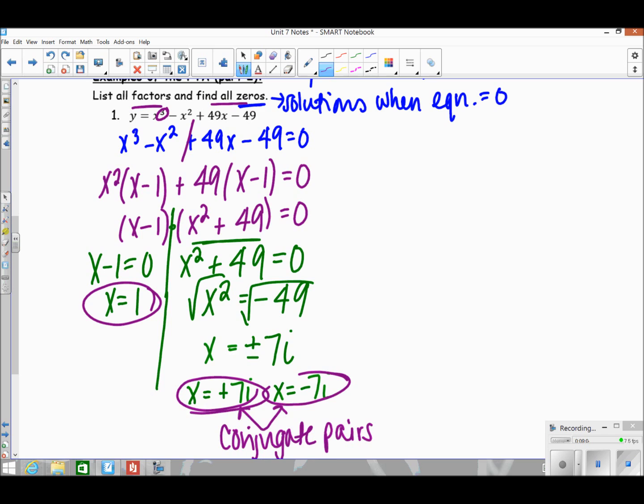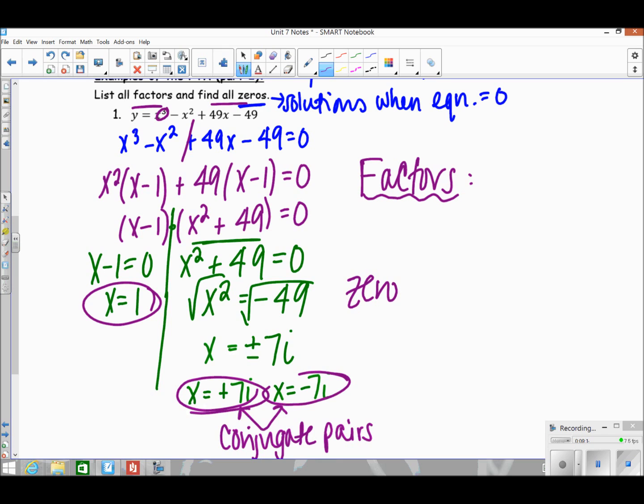So the question, though, if you go back to the beginning, it asks for the factors and it asks for the zeros. So the zeros we already found. That's when you solve and you get the numbers. So the zeros are going to be 1, 7i, and negative 7i. Those are your solutions.